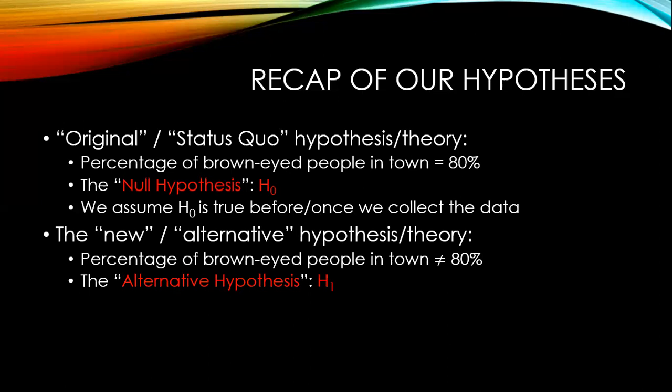For the purposes of this example, the alternative hypothesis is that the percentage is not equal to 80%. In theory it could be bigger than or less than; it depends on the suspicion of the person in the exam question that you're answering. But in this case, we'll just say not equal to 80%.